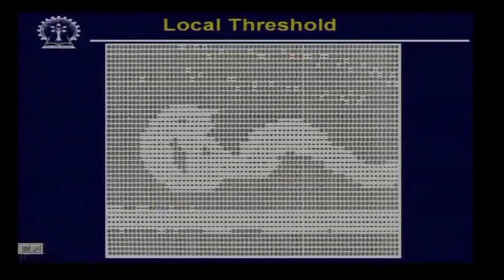Once I get an image of this form, if I scan the image either along a horizontal direction or along a vertical direction, I am going to get a pattern of these three symbols. Now, what will be the nature of this pattern?